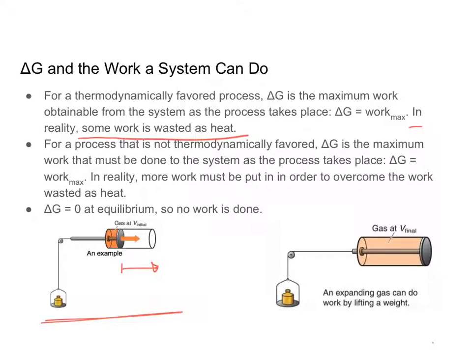As a result, the mass that was attached to the piston is raised up. In this case, the change in free energy was greater than the amount of work that needed to be put in, and as a result, work was actually being done. Does that make sense? This is not a super large focus of this class, but you should be aware of it.